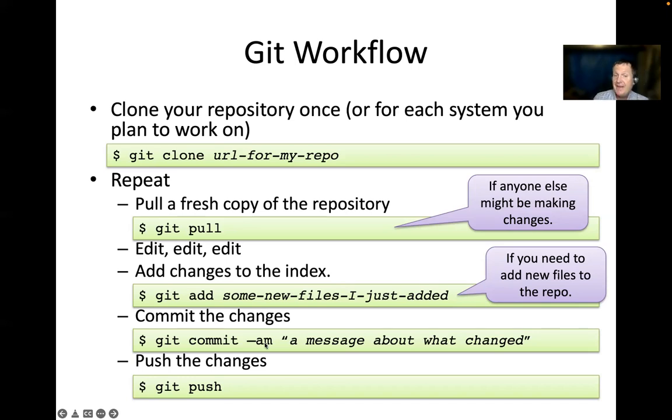You can use the -m option to give the message for the next commit right there on the command line. And you could potentially do that over and over again. But once you're editing, adding new files, committing your changes, and then once you've got changes that are worth letting someone else see, you can do a git push, and that'll push them up to NCSU's repo.